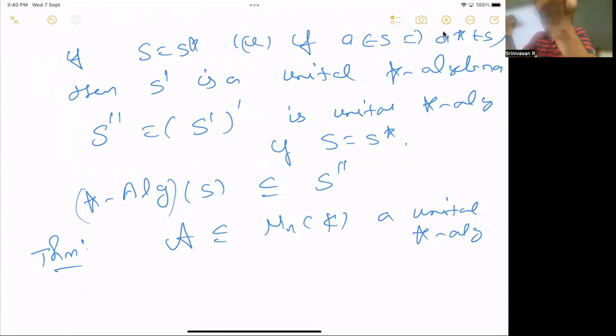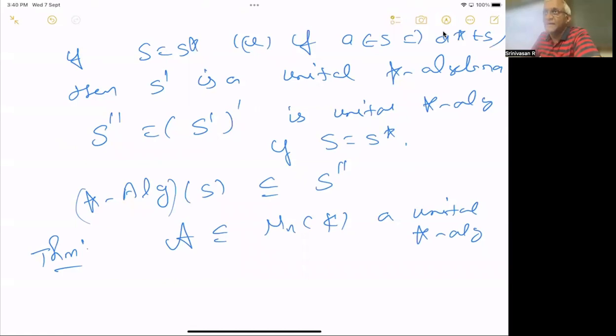Here you have to take all spans, all linear products, all stars, everything combined. It's a polynomial in S and S star. So all polynomials in S and S star with complex coefficients give the star algebra generated by S, and that is contained in S double prime.